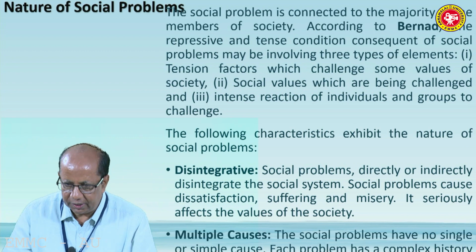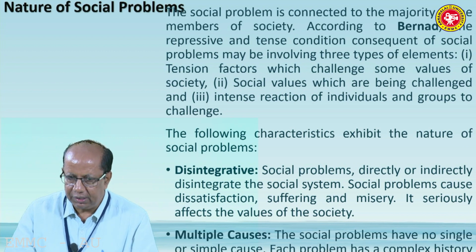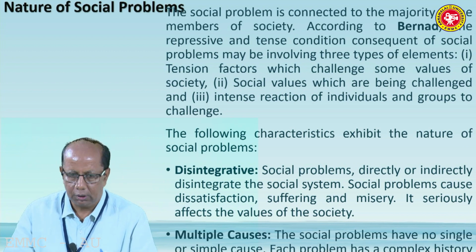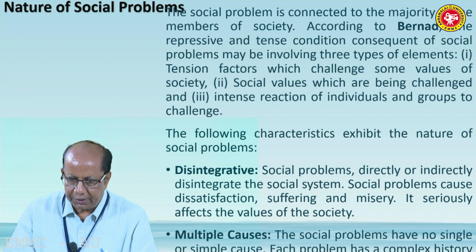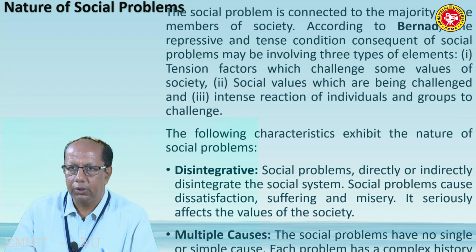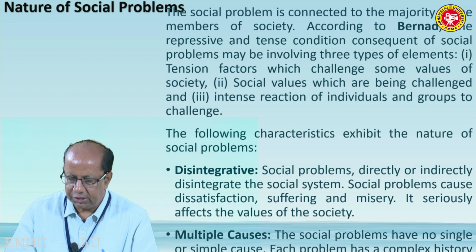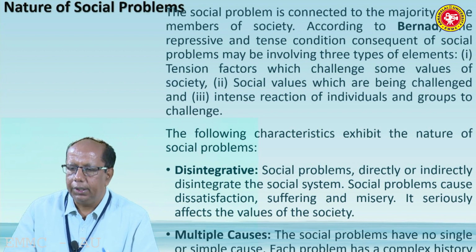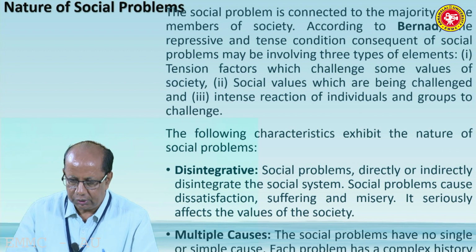The following characteristics exhibit the nature of social problems. Disintegrative: social problems directly or indirectly disintegrate the social system. Social problems cause dissatisfaction, suffering and misery. It seriously affects the values of the society.